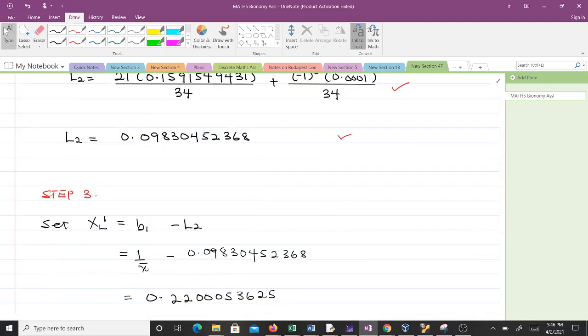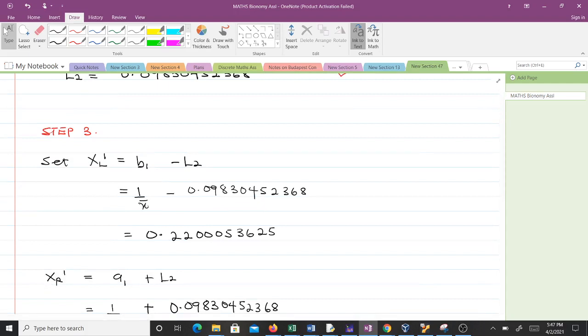So now we have our L2. The next thing is to compute our x left and x right, right? So XL and XR. And XL is given by B1 minus L2, and B1 is 1 over pi. Then this is L2. So when you compute that, you're going to get 0.2200053625.